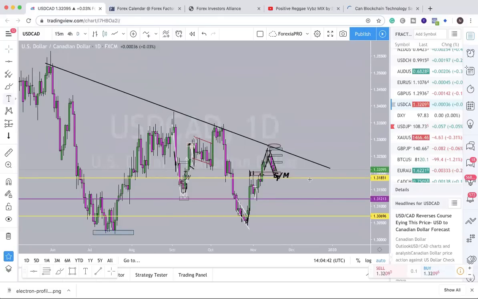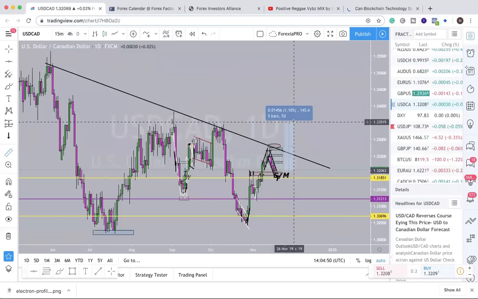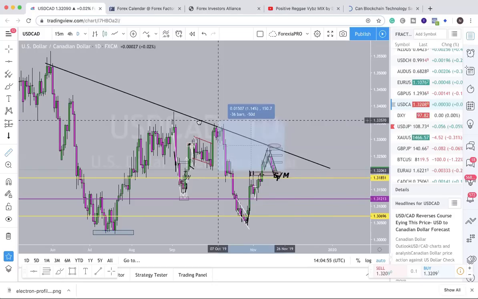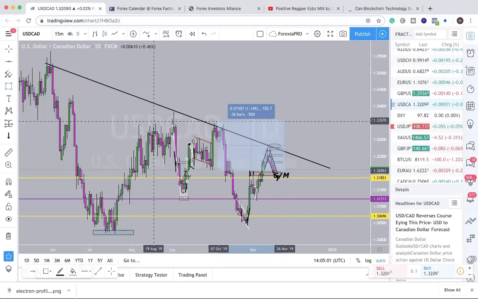So a macro take profit would be at these highs at around 150 pips. That's like the max take profit range.